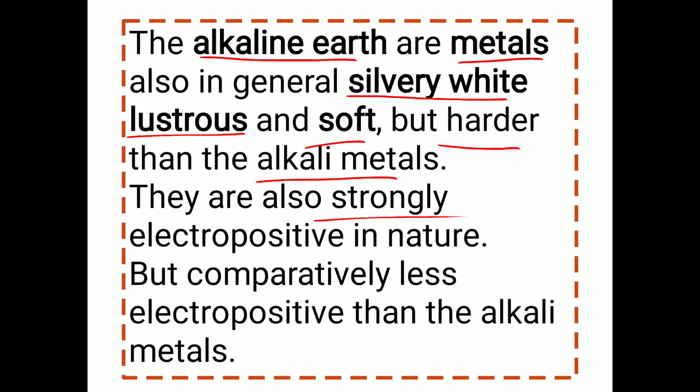They are also strongly electropositive in nature. Both s-block groups are electropositive, but when we compare alkali metals and alkaline earth metals, alkali metals are more electropositive, while alkaline earth metals are comparatively less electropositive.